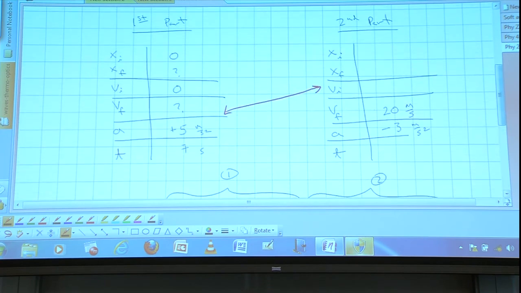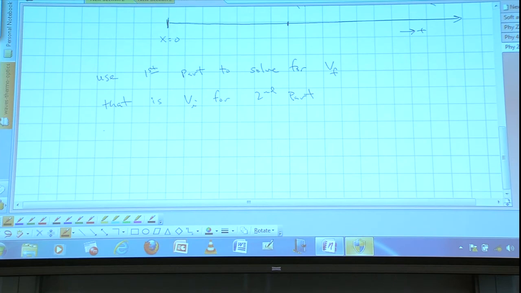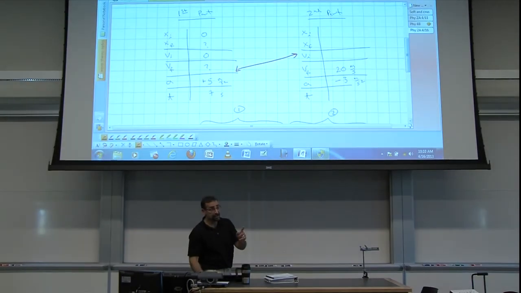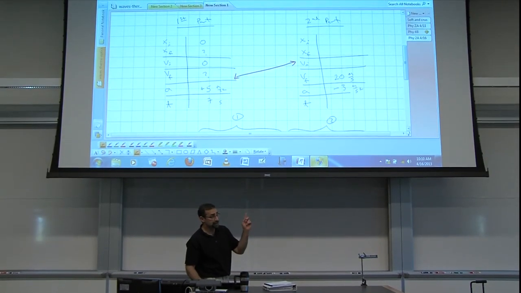That becomes your v initial for the second part, and then you have 3 things, so you can solve for the time it takes or the displacement. There's a video solution. If you go to the video solutions, there's a problem just like this on there. You can check that out.